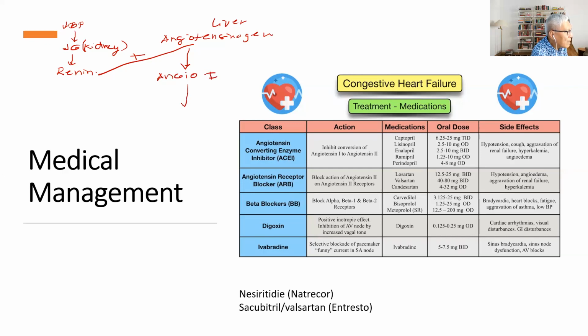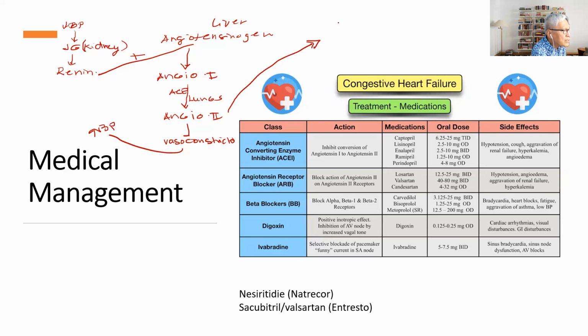And in the lungs, there is an enzyme called ACE, angiotensin converting enzyme, that converts this angiotensin 1 to angiotensin 2. And angiotensin 2 is a vasoconstrictor. So if you are vasoconstricted, you will therefore increase your blood pressure. But there's also another effect of angiotensin 2, and this stimulates the release of a substance from the adrenal gland called aldosterone.